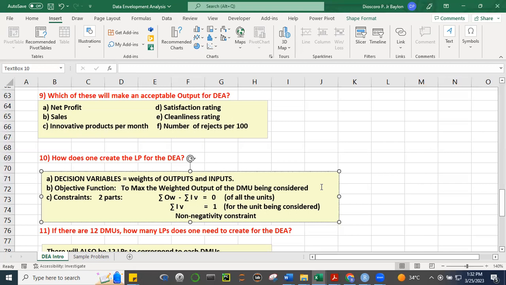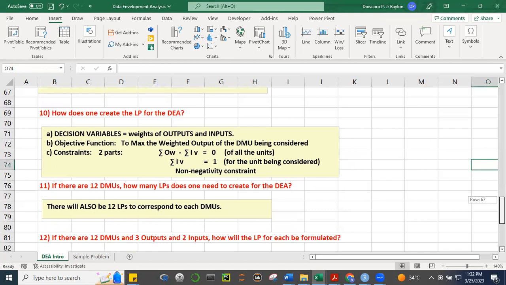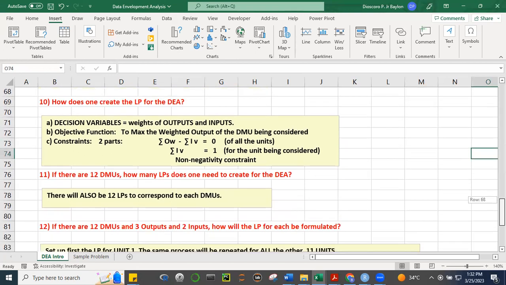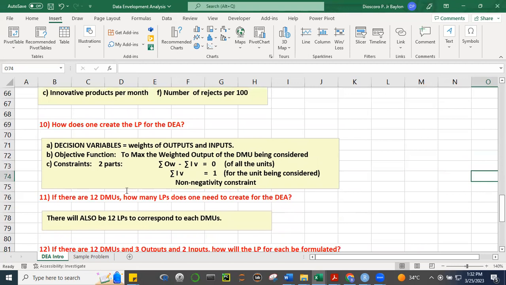This will make sure that the solution is bounded. Otherwise, if you don't impose that, there's a strong chance that the solution will be infeasible.